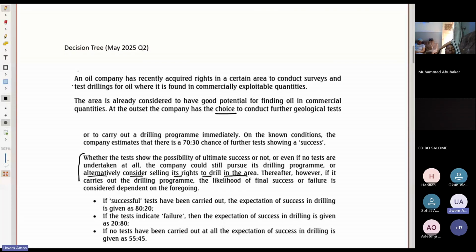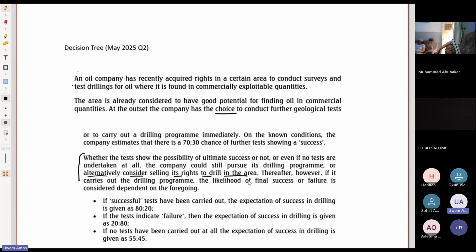So let me pause, guys. From what we've just read, what are the 3 choices the company is trying to make at this point in time? It has the land that it has acquired the right to drill on. So we read the question. What options can you see? What choices is the company faced with?